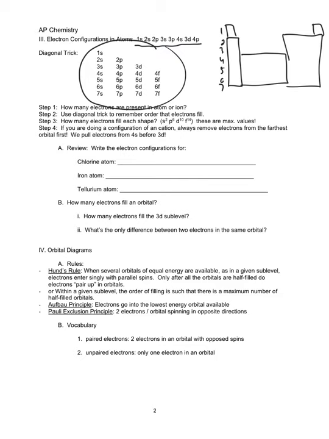Now, how does the diagonal trick work? We start with a diagonal line that crosses over the upper left corner. The first orbital that we fill is 1s. The next diagonal line cuts across 2s. The next diagonal line, 2p, 3s. The next diagonal line, 3p, 4s.